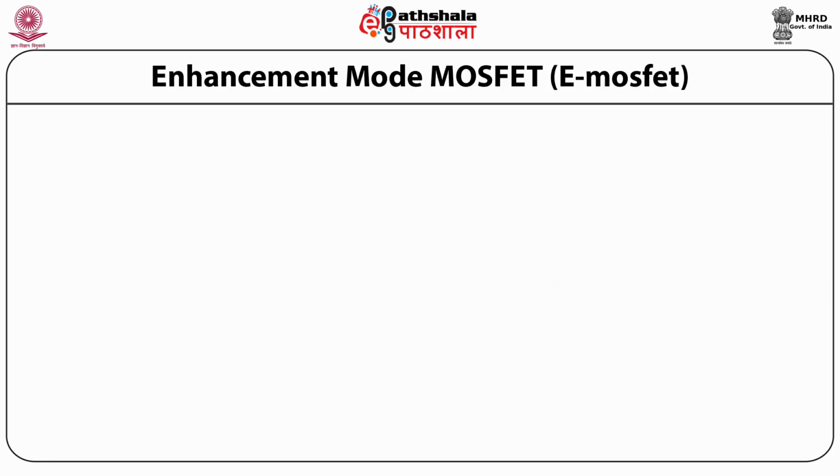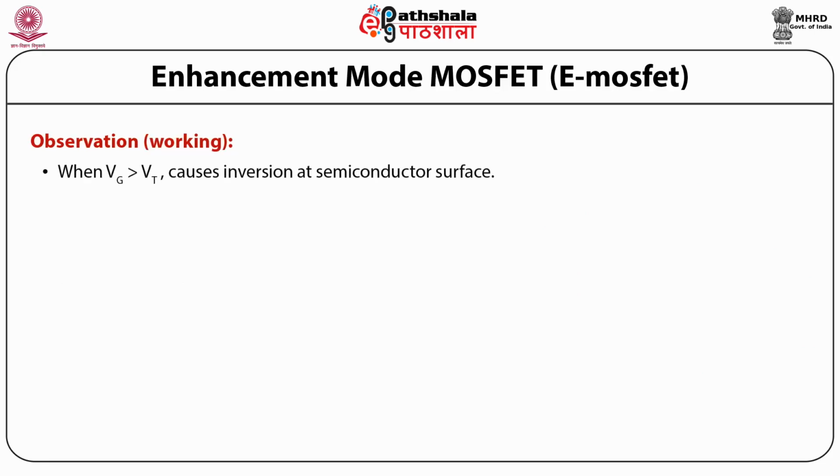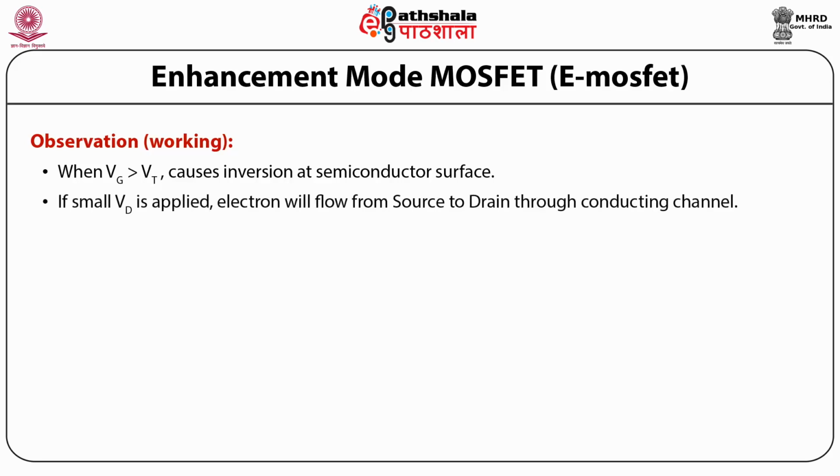Let us now discuss the working of MOSFET. When Vg is greater than Vt, it causes inversion at the semiconductor interface. So if a small drain voltage Vd is applied, electrons will flow from source to drain through the conducting channel. Here the channel acts as a resistance and Id is proportional to Vd, which is shown in this figure by the linear region.